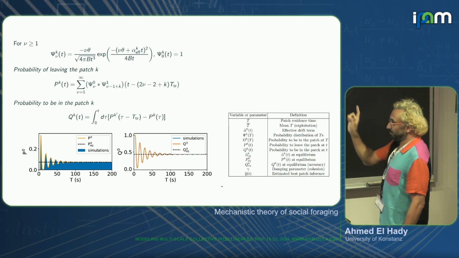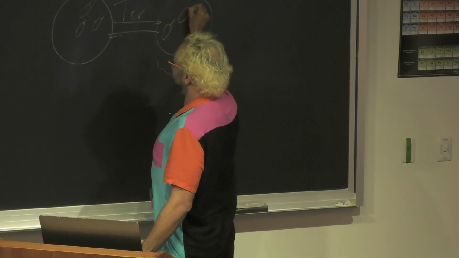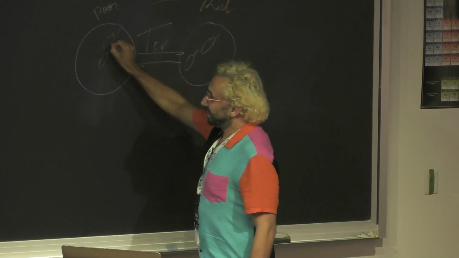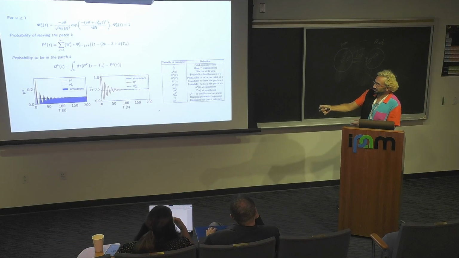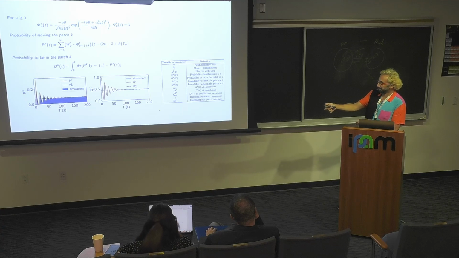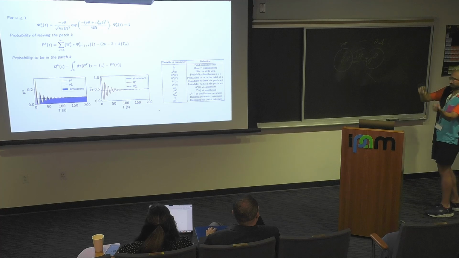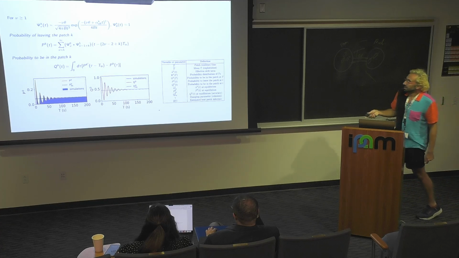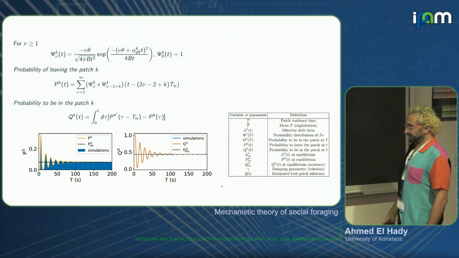What these oscillations mean is that the group is going back and forth, and at the end, it reaches an equilibrium distribution among patches. So there is a fraction in one patch and a fraction in the other patch. They keep moving, I leave and leave and leave, and then there is an equilibrium distribution. That's to give you more intuition of how I'm developing this.